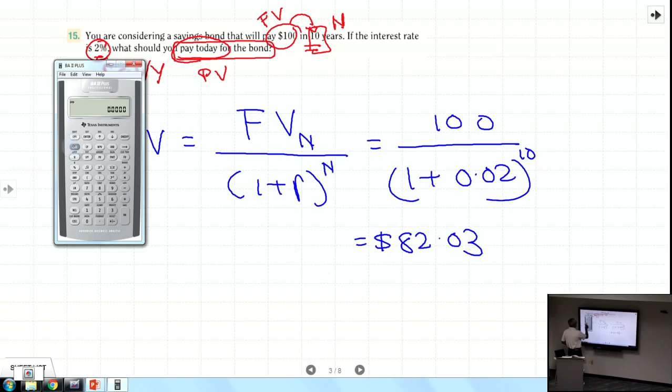Again, I do a 2nd CLR TVM, and I enter 100 as my future value, 10 as the number of periods, 2% as my I/Y, and I'm computing present value. Note there is a negative sign in front of that number. We ignore the negative sign, and the answer is 82.03.